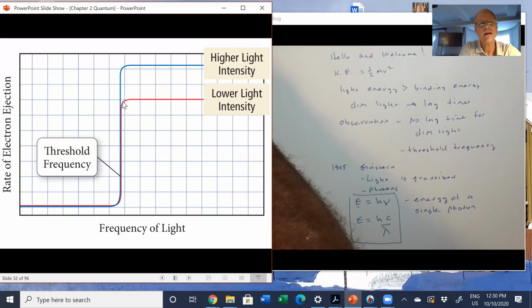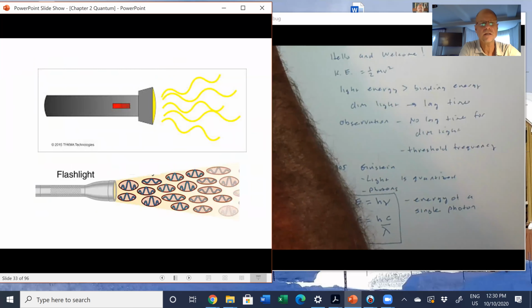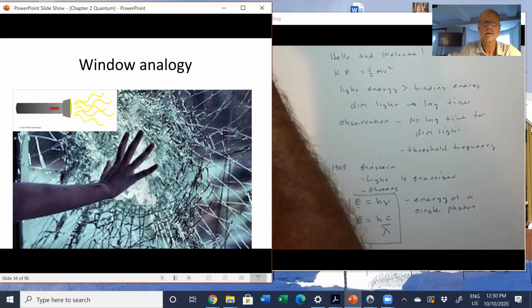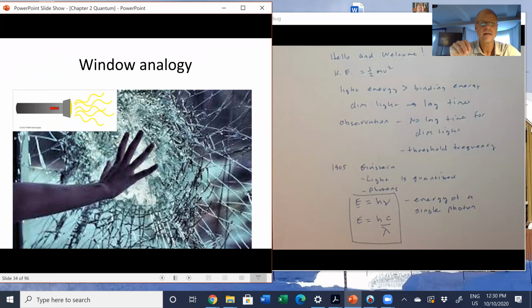And then, of course, higher intensity light had more photons, so it caused the emission of more photoelectrons. So we can think about an analogy this way. At low frequencies, or long wavelengths, each photon doesn't have enough energy to dislodge an electron.